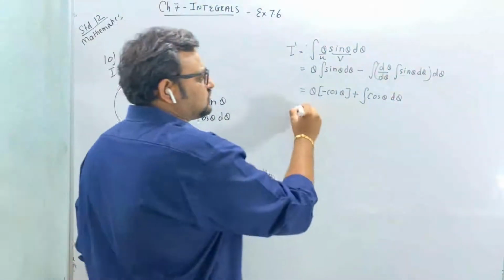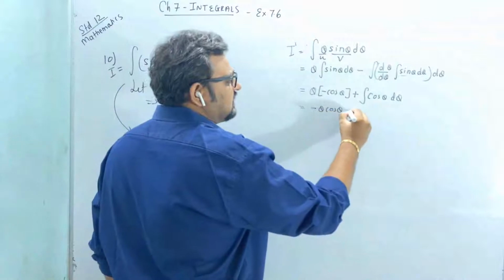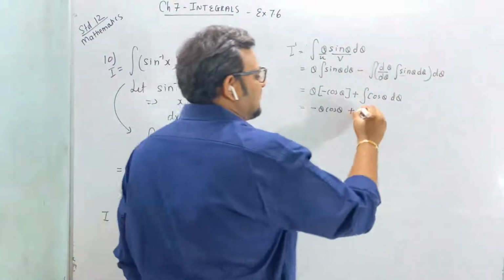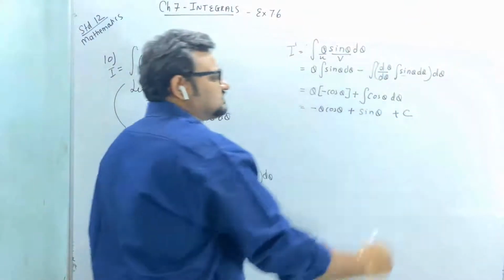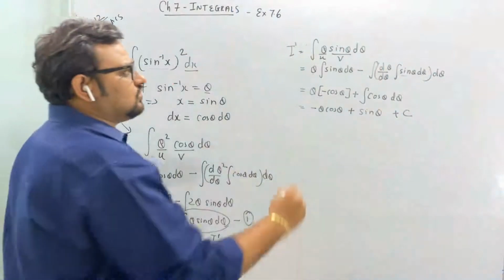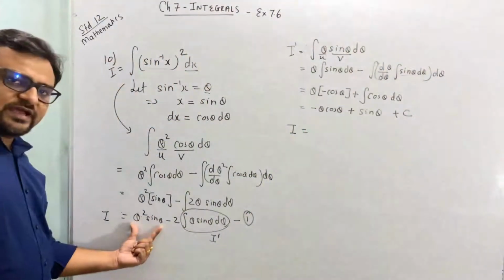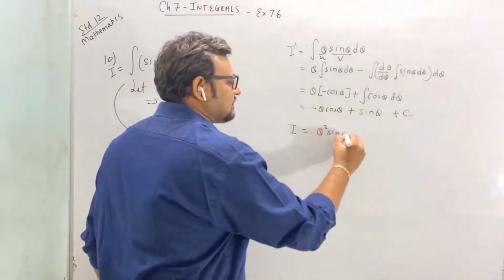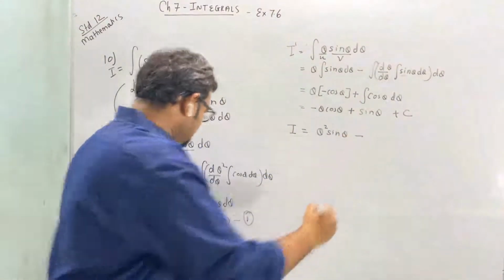So this will be minus theta cos theta plus integration of cos theta, which is sine theta, plus c. So the total integration will be equal to theta square sine theta minus 2 into this.